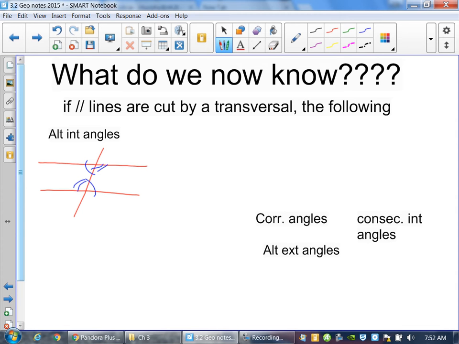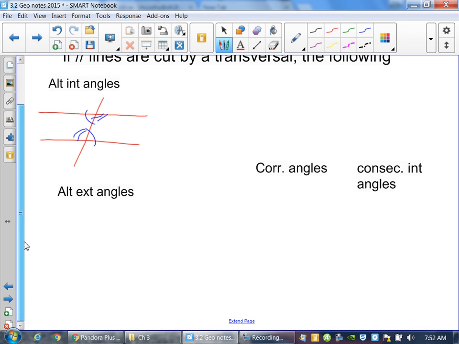What do you think alternate exterior would be? Definitely not on the inside, you're right. They'll be on the outside, very good.